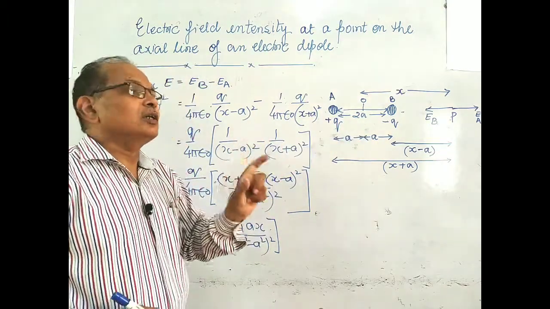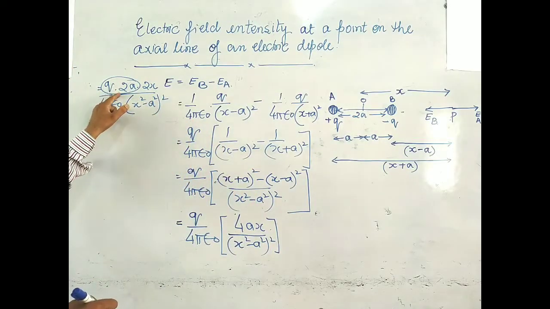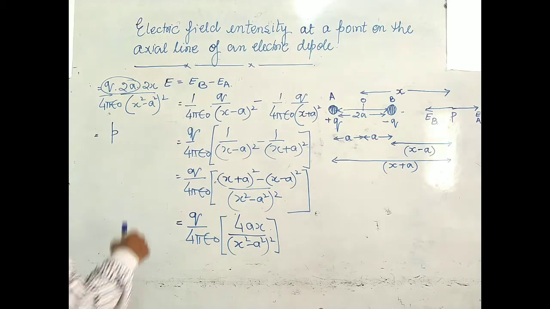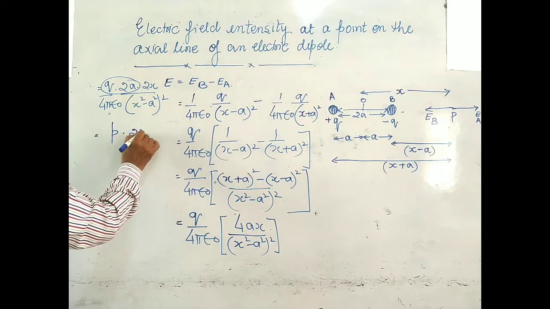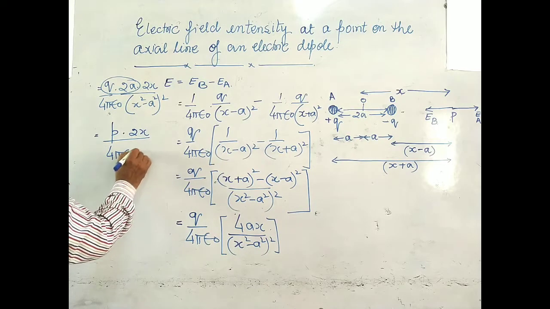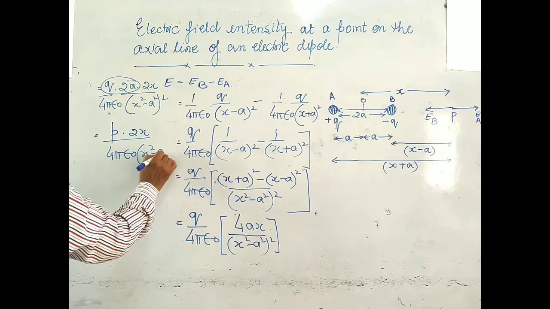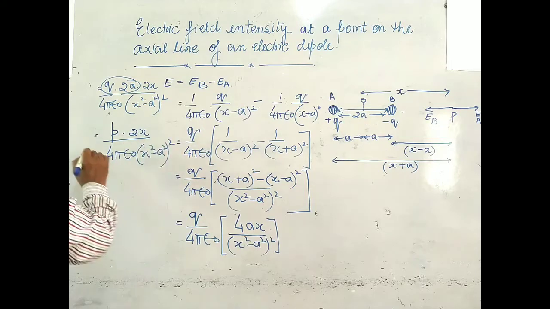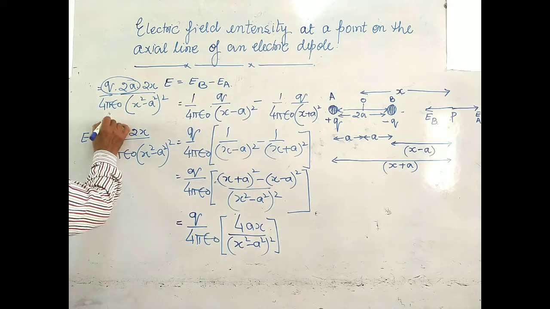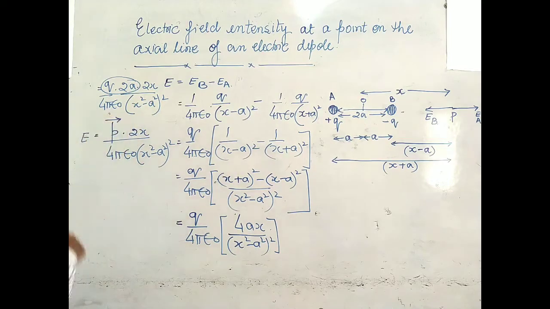This is called the dipole moment, which is represented by P. So E is P into 2x upon 4 pi epsilon naught x square minus a square whole square. In terms of vector representation, this is the dipole moment, and here it is also the vector representation.